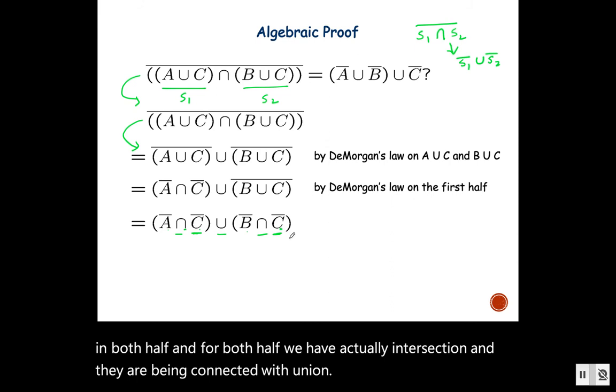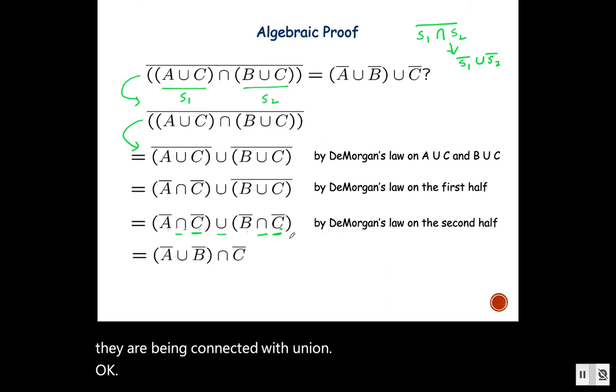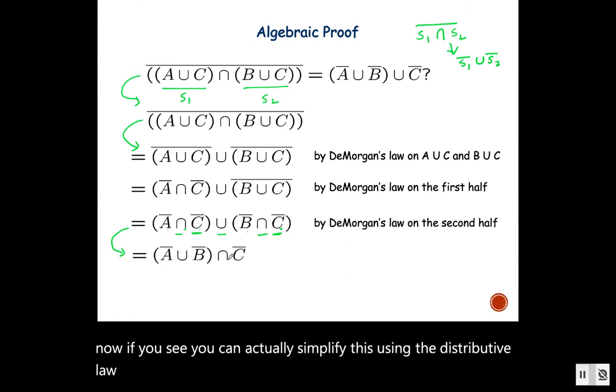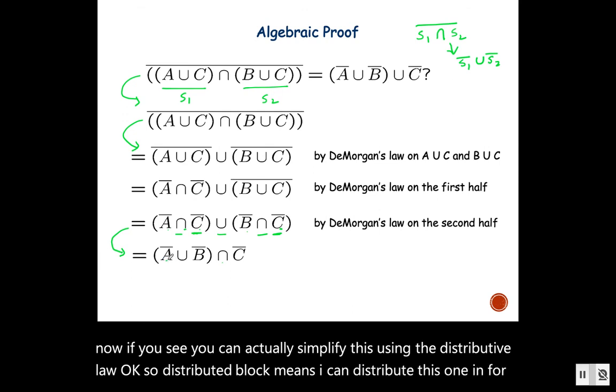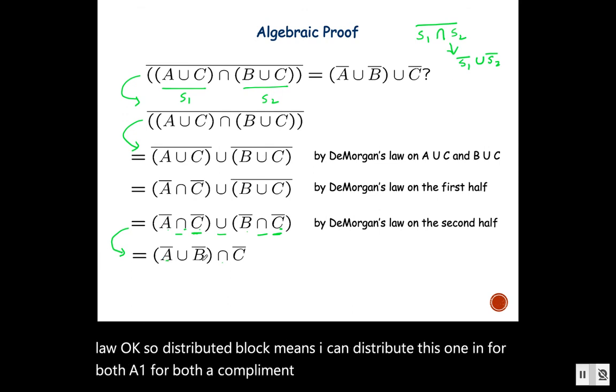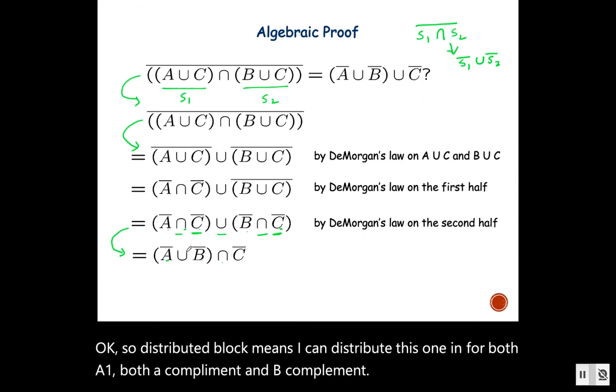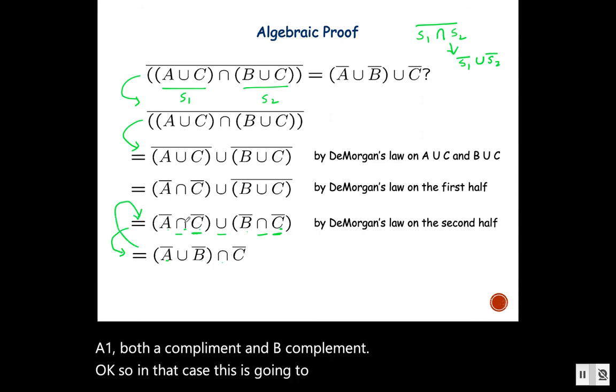Now you can simplify this using the distributive law. Distributive law means I can distribute c complement over both a complement and b complement, and that gives the same result.